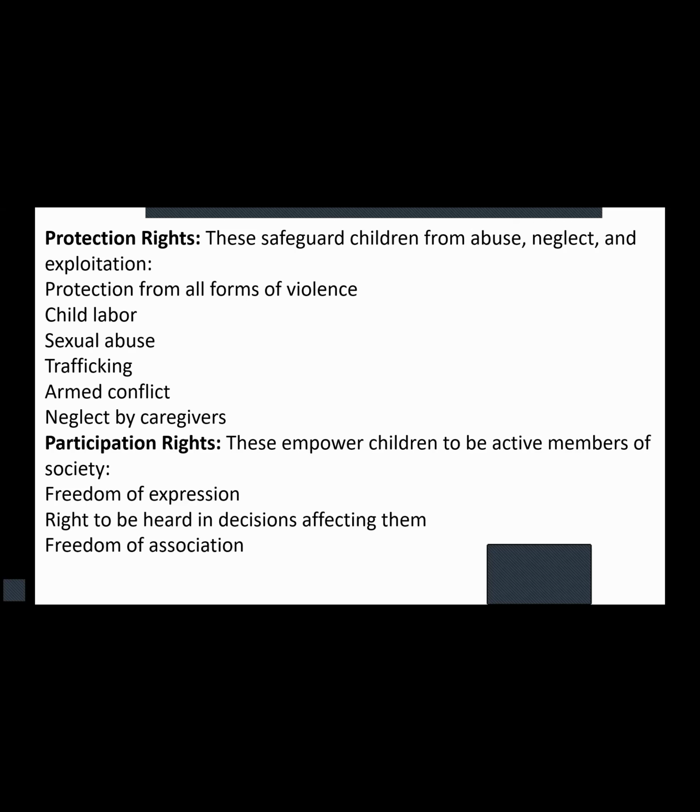So a child has a right to protection from all forms of violence. These violence include child labor, sexual abuse, trafficking, armed conflict, neglect by caregivers. Okay, just like that. Protection rights.